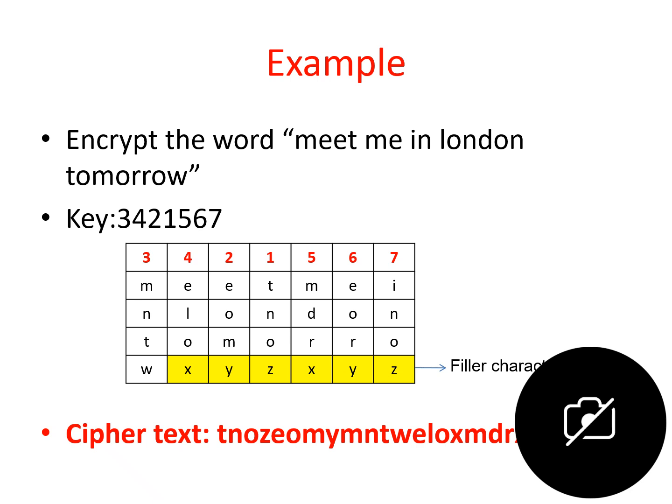So we write the plaintext as it is, meet me in London tomorrow, and the remaining cells are filled with padding characters like X, Y, Z. Then we read the ciphertext column by column in the order specified by the key. Column one comes first: T N O Z, and after that column two: E O N O. Then next comes column three: M and T W.